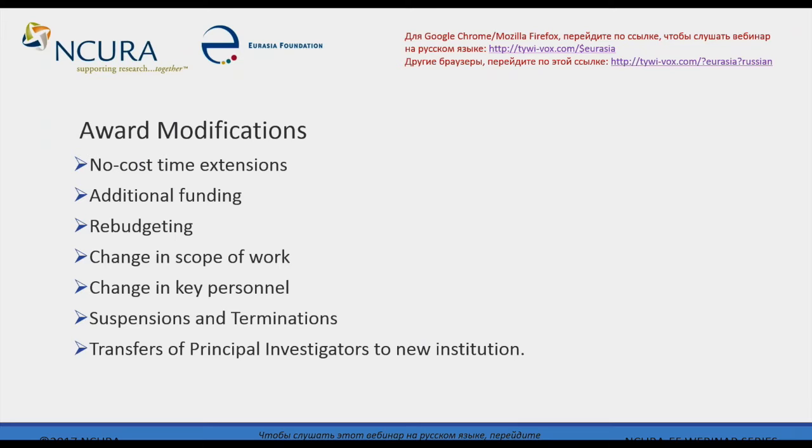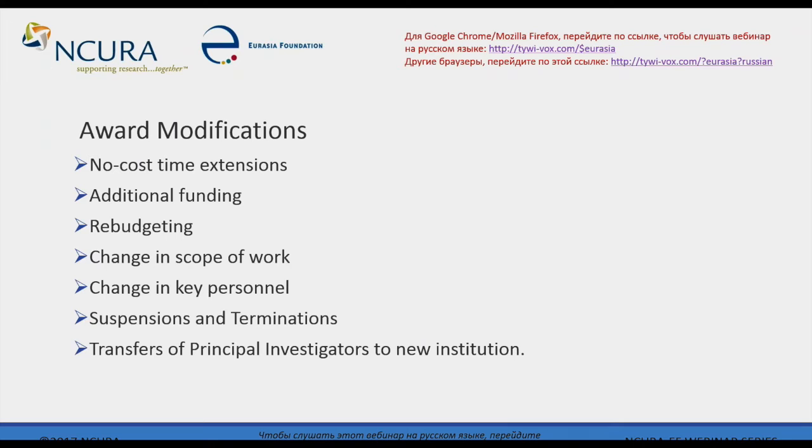A change in the scope of work. Sometimes the ideas and research agendas in a proposal change, and the directions of the science move in a way that couldn't have been anticipated at the time of proposal. Changes to the scope of work almost always require approval prior to initiating those changes from the sponsor.